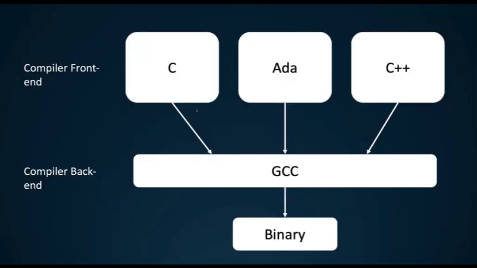Now, why would you get all of your compilers from a compiler vendor versus getting your C and C++ tools from your RTOS or from your operating system? So this is your typical development workflow when you're talking about a multi-language system. Typically, you'll have some Ada code, some C code, and you might have some C++ code.